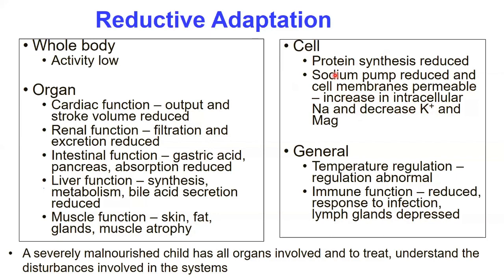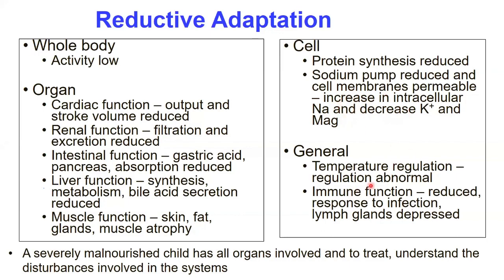This is very important when we are managing these children. That's why instead of giving, say, ORS, which is standard, we tend to give what we call ReSoMal. These are specially made ORS for children in malnutrition that have low levels of sodium and sustained potassium.